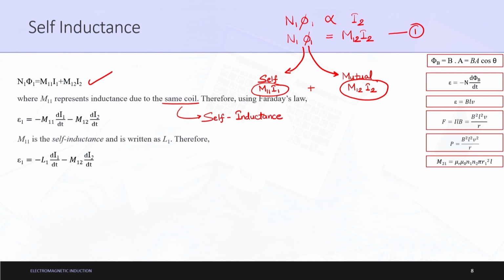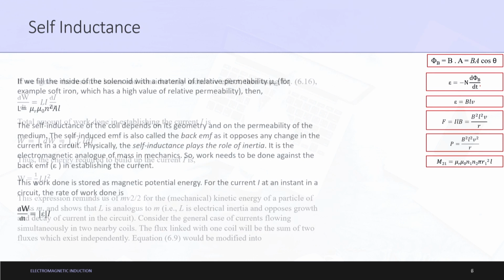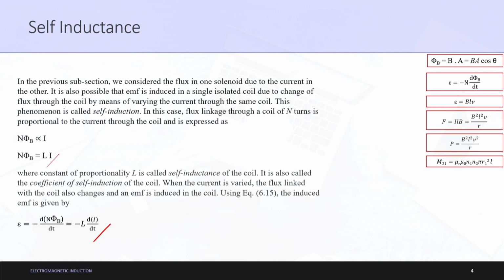Therefore, using Faraday's law, what does Faraday's law state? The formulas are being updated here. EMF produced is nothing but minus N d phi B by dt. From the last concepts, we calculated epsilon with a negative sign of self inductance or mutual inductance multiplied by the change in current.